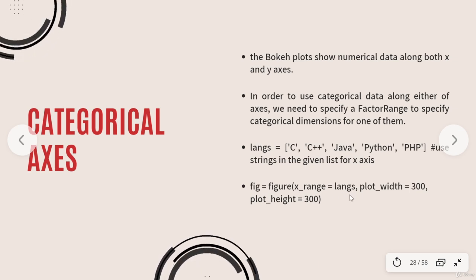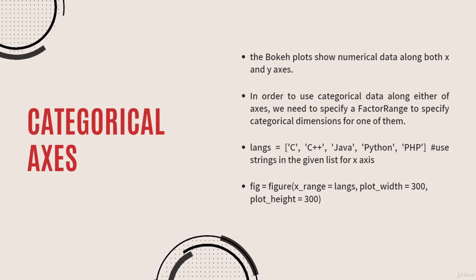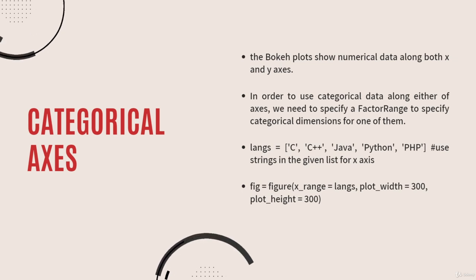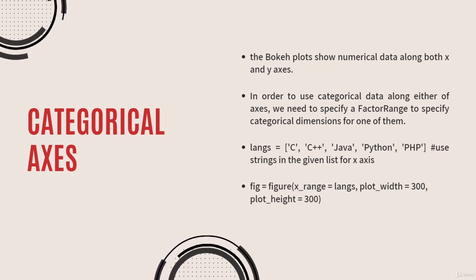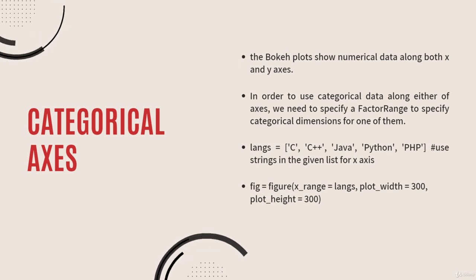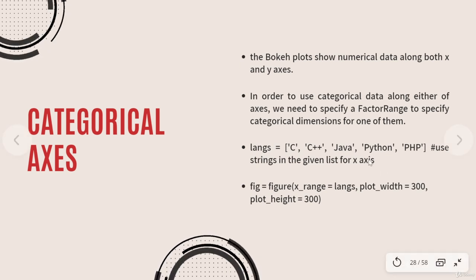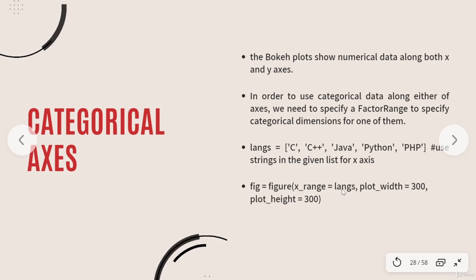That means I have to specifically tell the function that one of my data variables is string in nature or categorical in nature. So this is the way it is done: x_range equal to langs.